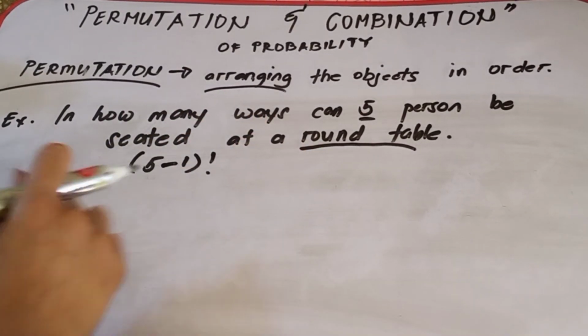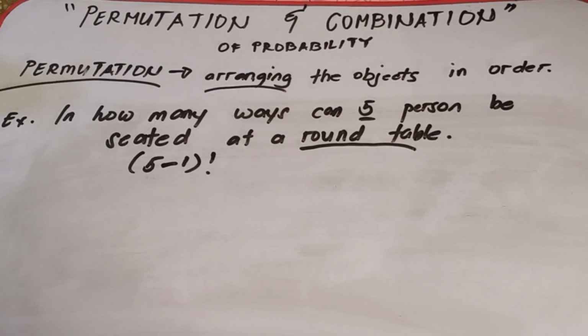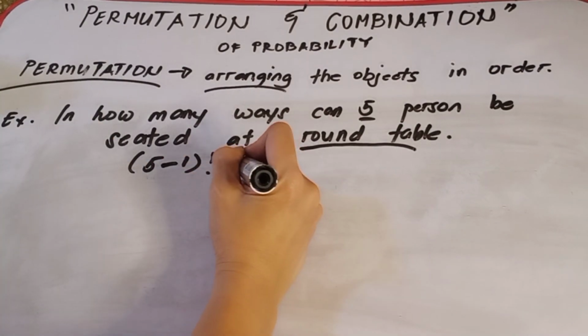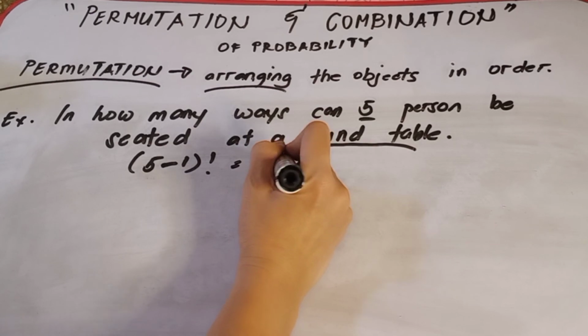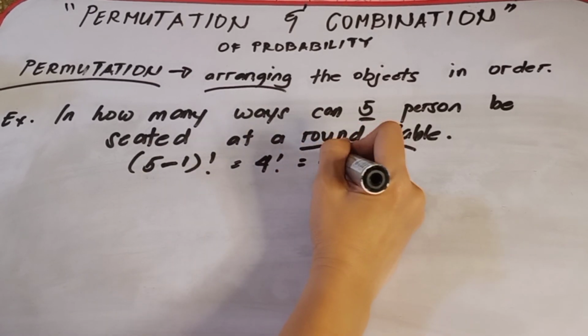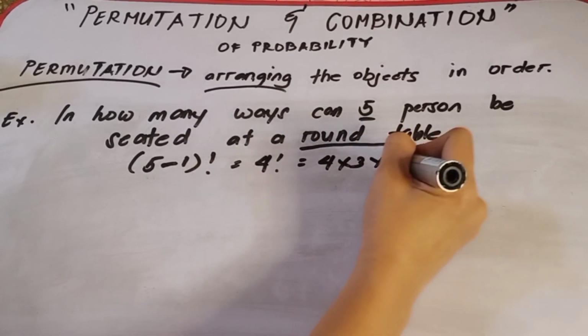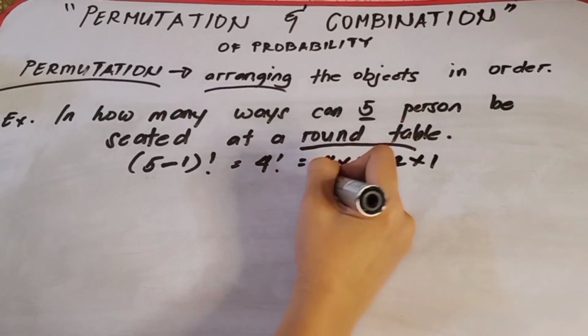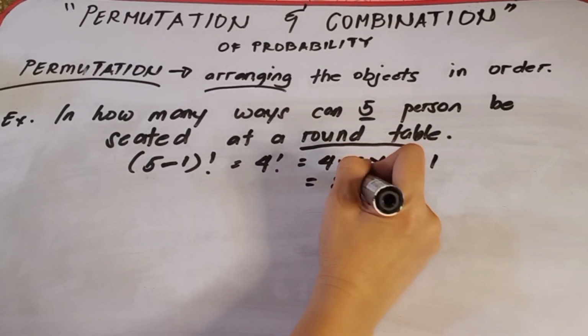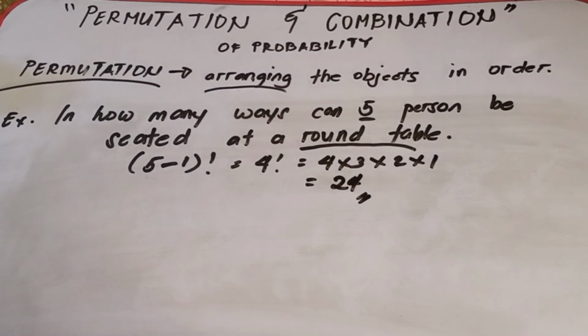So, this time, meron tayong minus 1. Why? Kasi, doon sa ating 5 person involved, isa doon yung hindi natin pwedeng galawin because it will serve as the starting point doon sa round table. So, that is 5 minus 1. That is 4 factorial. So, that is simply 4 times 3 times 2 times 1. That is equals to 24.